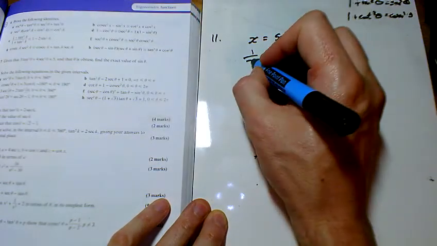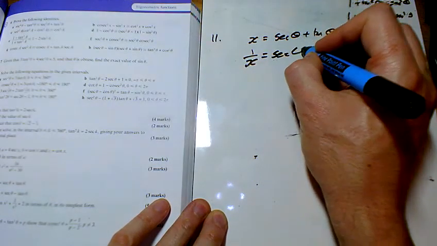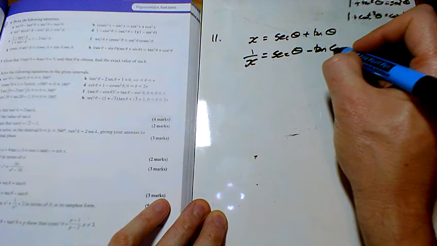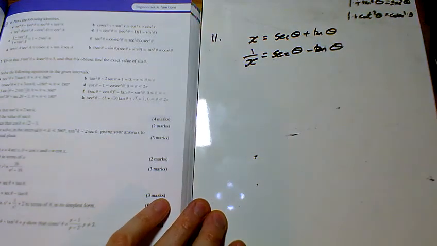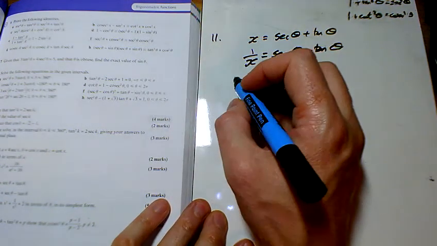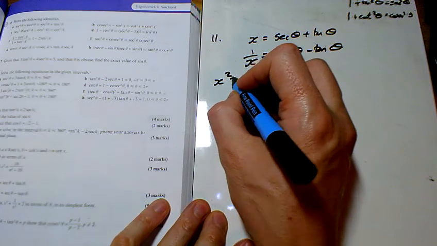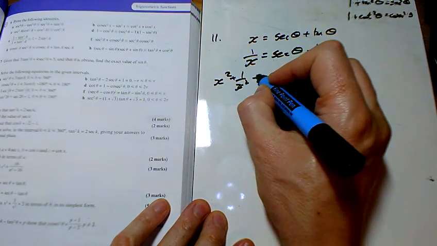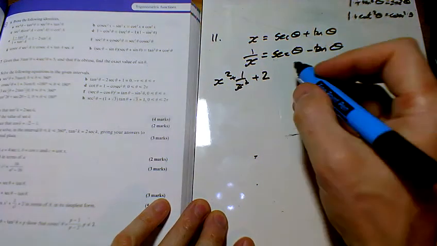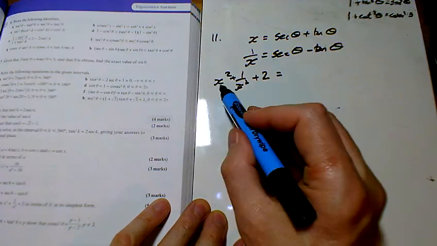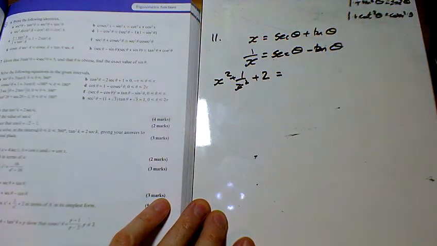But what we've got now is that x is equal to this and 1 over x is equal to that. And I've got to do something with x squared plus 1 over x squared plus 2. And I'm actually thinking I'm not going to work all of these out. I don't want to square all these things again.